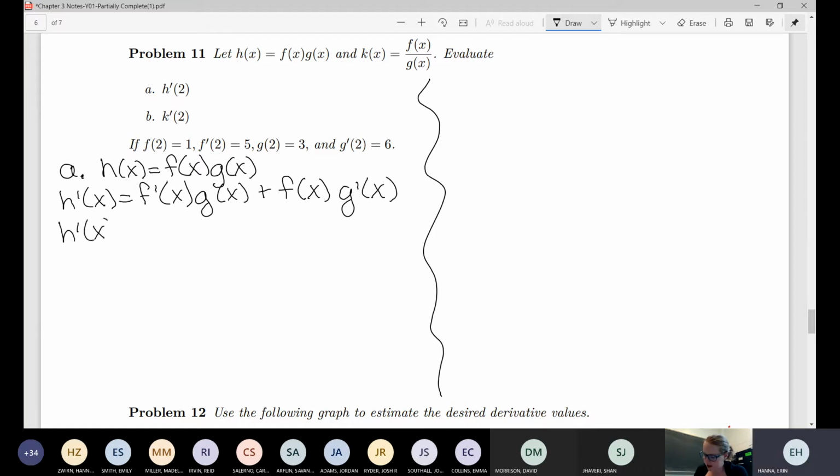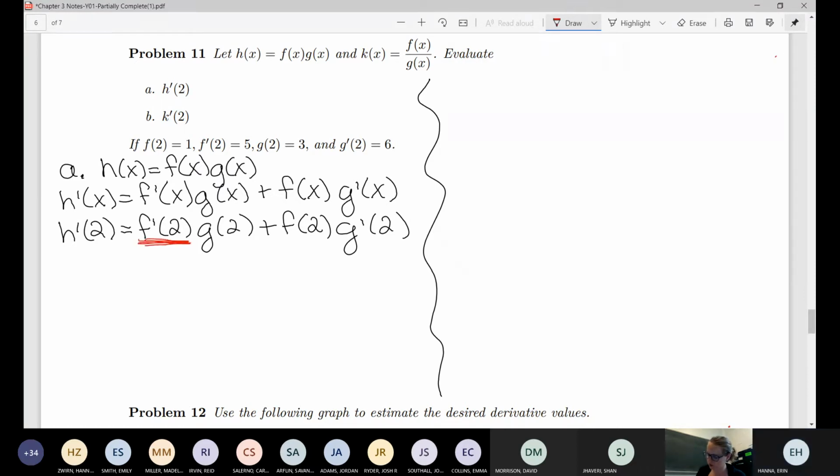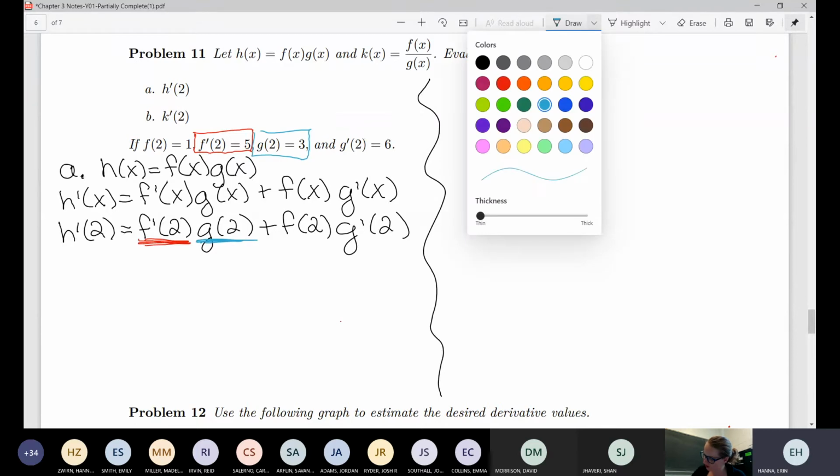What we're asked to do is plug in 2 everywhere we see an X. 2, 2, 2, 2. And then we've just got to replace the values into the right spots. So I need f prime of 2, which is 5. We need g of 2, which is 3.